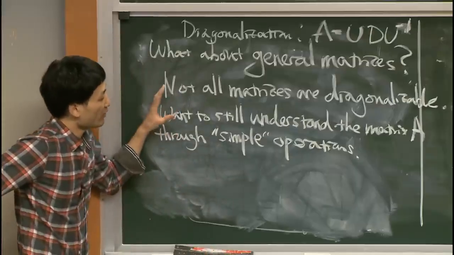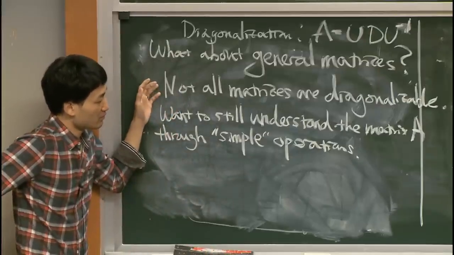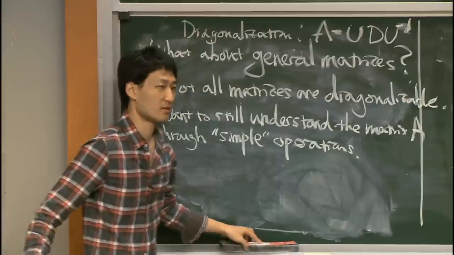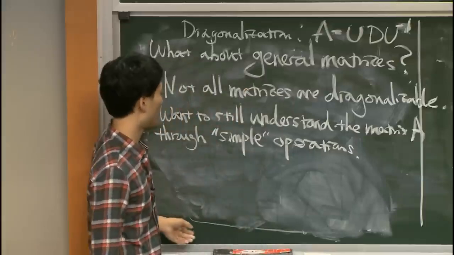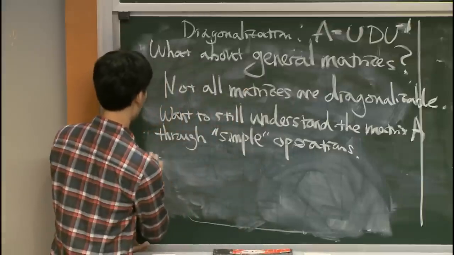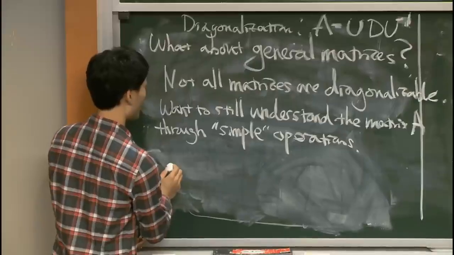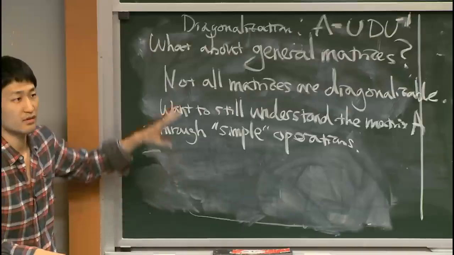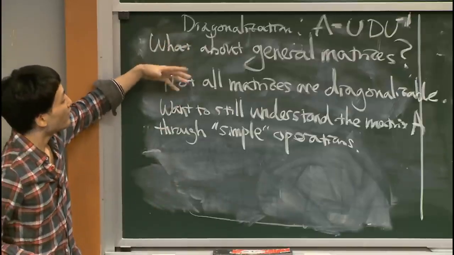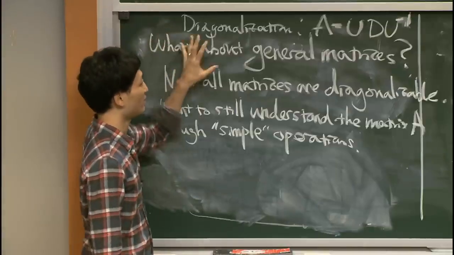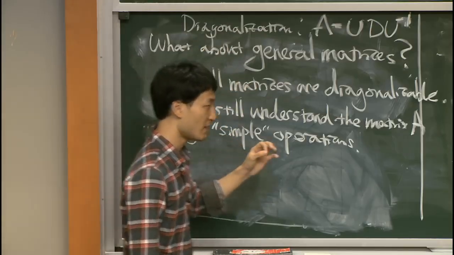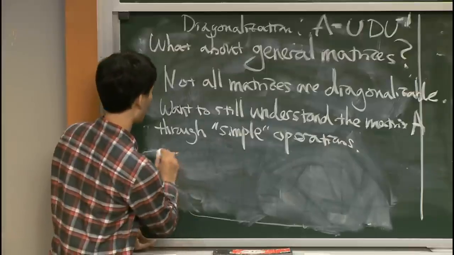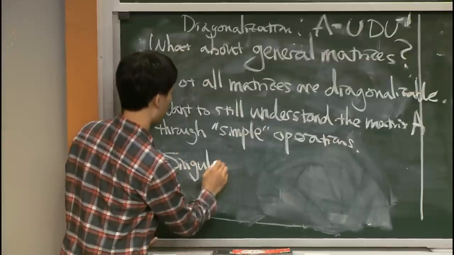Unfortunately, it's not always diagonalizable, so we have to do something else. Luckily, the good news is there is a nice tool we can use for all matrices, even though it's slightly weaker than diagonalization. Still, it distills some very important information of the matrix. It's called singular value decomposition.